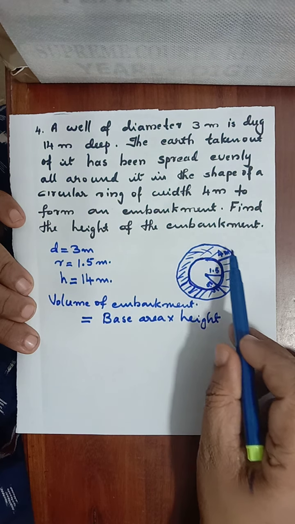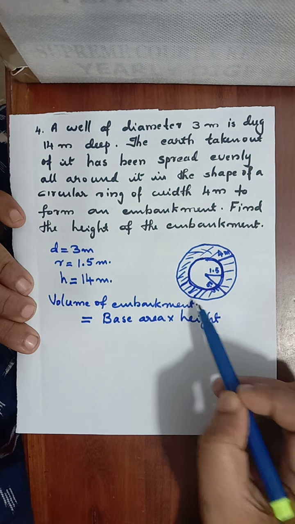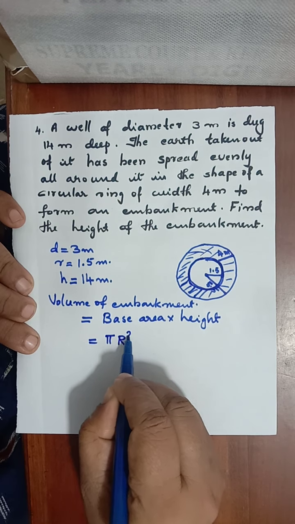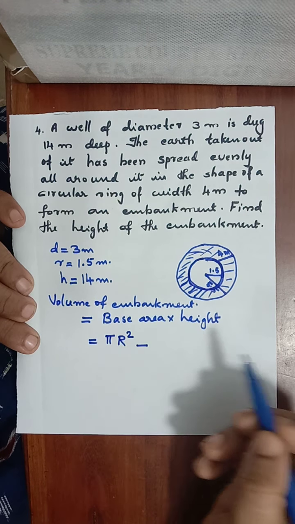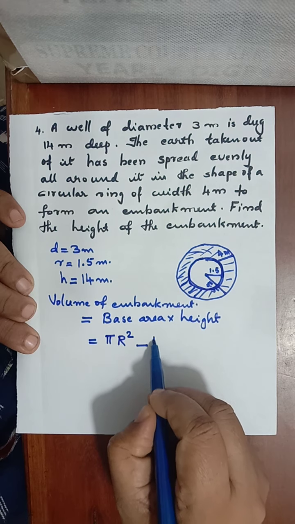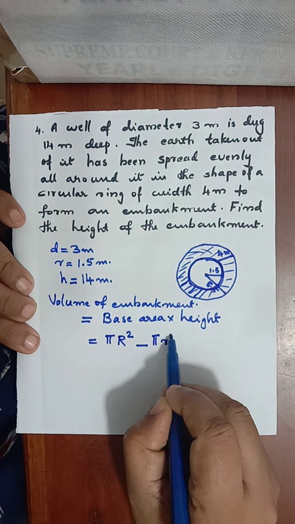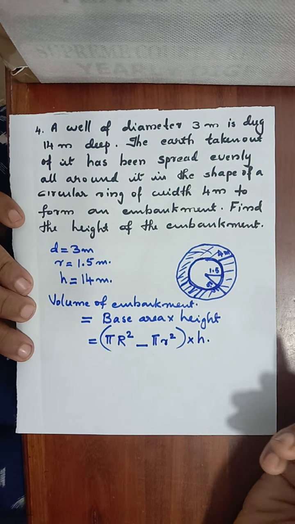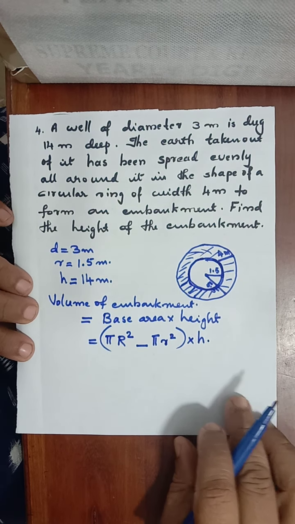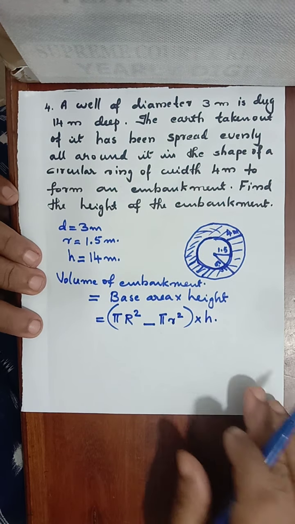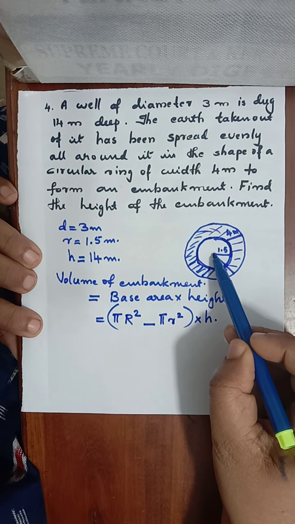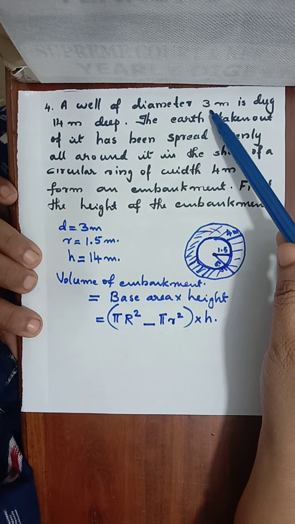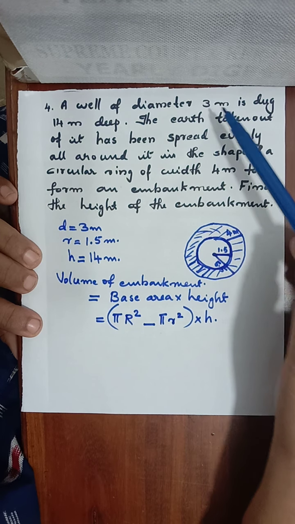It is the area of the outer circle, pi R square, minus the area of the inner circle, pi small r square. This is the base area, into height. The height of the embankment we do not know. So how do we substitute? The inside radius, or radius of the well, will be 3 by 2, that is 1.5.